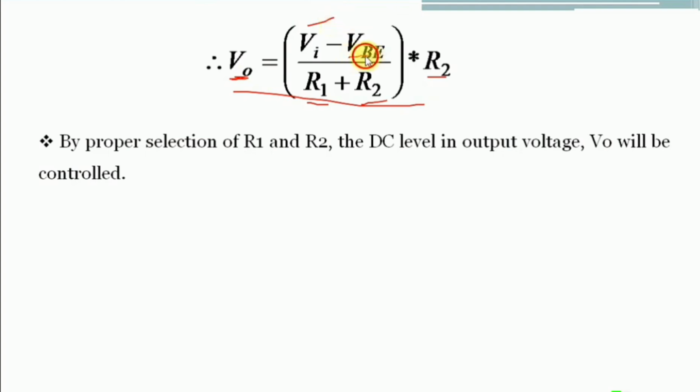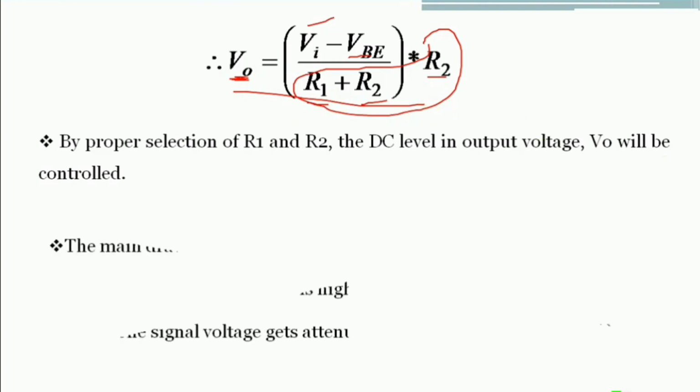Here a cut-in voltage VBE is there, so some DC level in the V0 value will be reduced, and if you properly maintain the ratio, that is R2 by (R1 plus R2), then the DC level in the output voltage will be reduced. And what are the drawbacks of using this circuit?